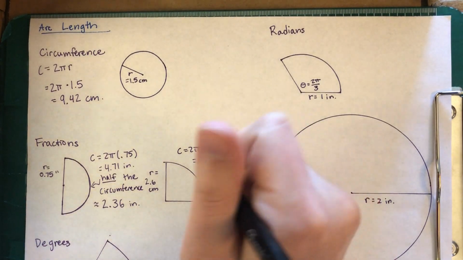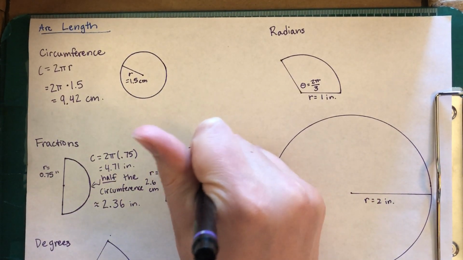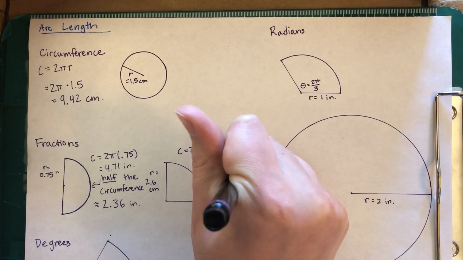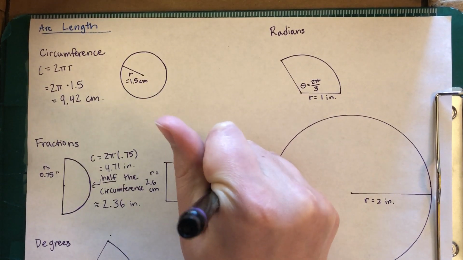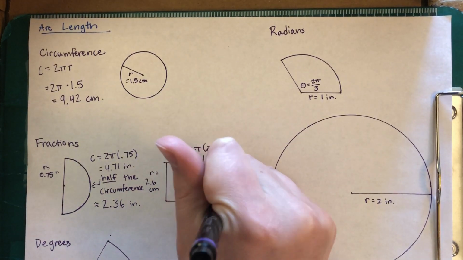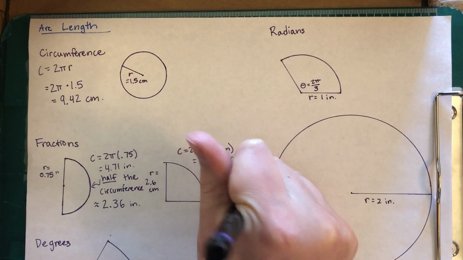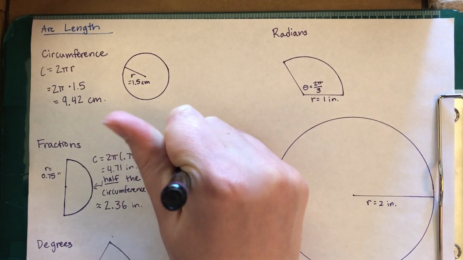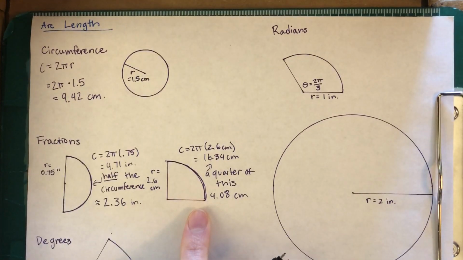But this is just a quarter of that. So we're going to take a quarter of this and divide it by 4 to get 4.08 centimeters of length for this arc, this part of a circle.